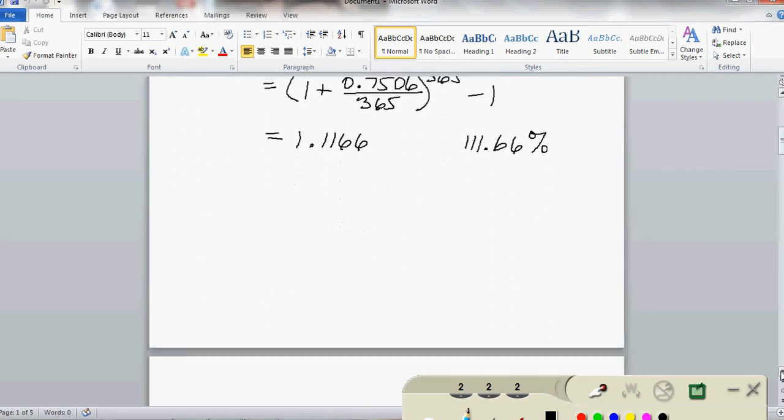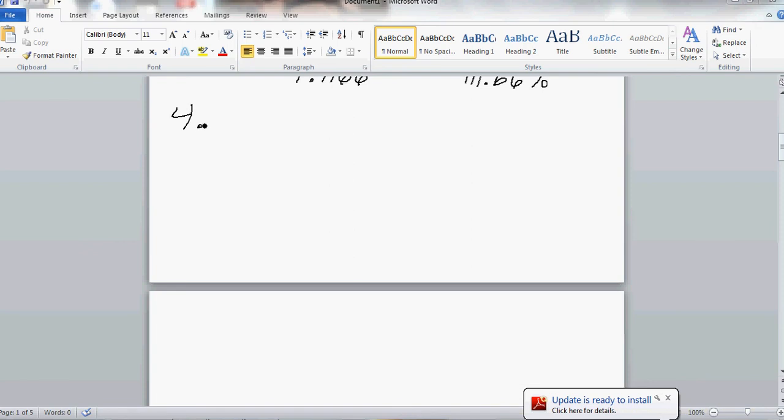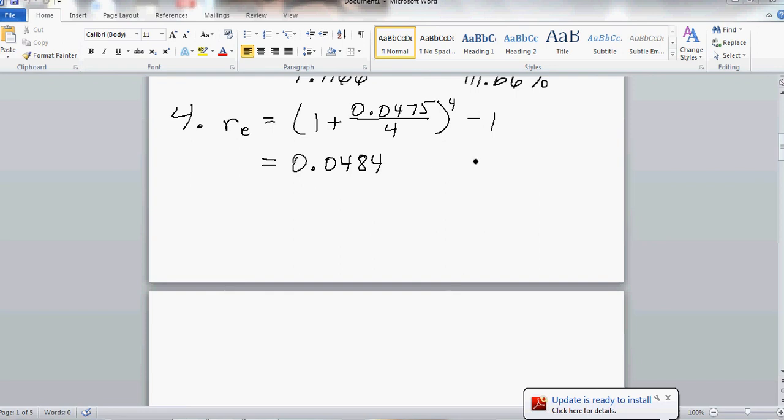Example 4 isn't quite as crazy, because that's quite a rate of return. The effective rate is 1 plus, okay, 4 3/4 is 0.0475, and it's compounded quarterly, so that's over 4, then raised to the 4, and then subtracted 1, and we end up with 0.0484, which ends up being 4.84%.